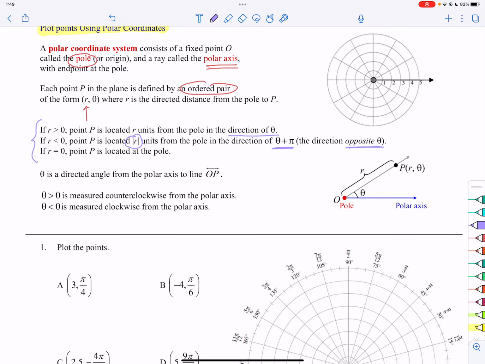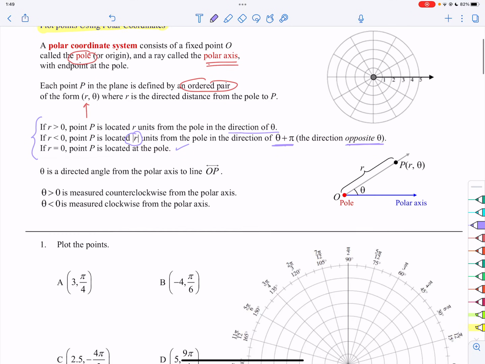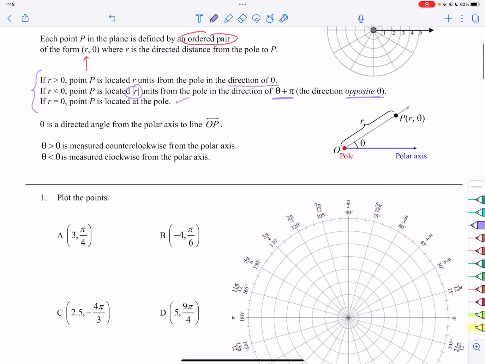Now, if r is equal to 0, our point is located at the pole. Of course, our directed angle theta will be counterclockwise if that angle is positive, and we will be clockwise if our angle is negative.